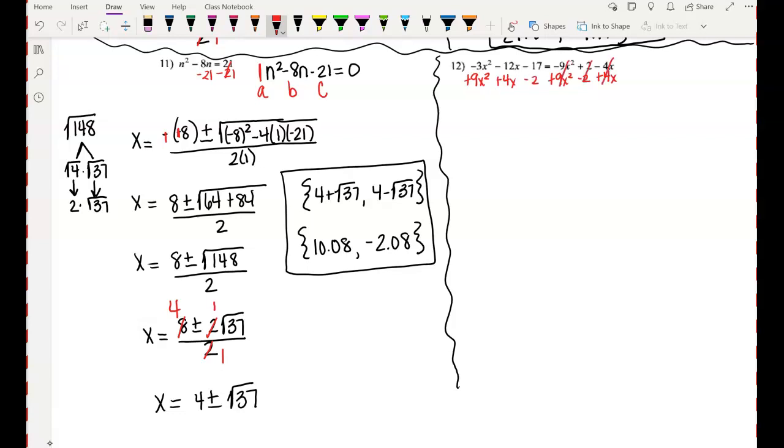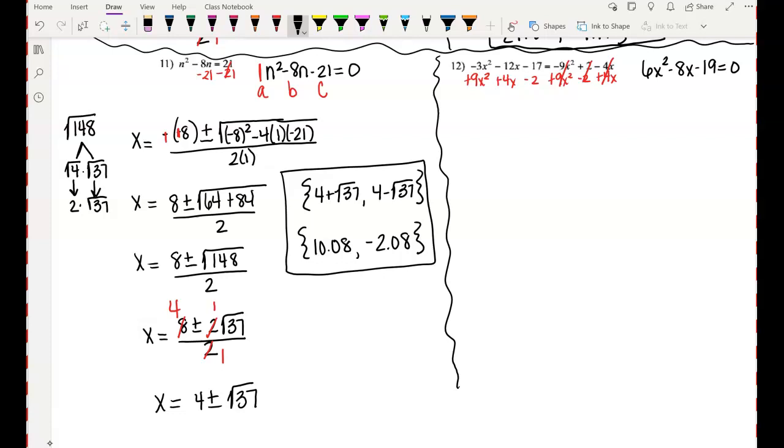That cancels out everything on the right-hand side of that equation. So negative 3x squared plus 9x squared gets me 6x squared. Negative 12x plus 4x is negative 8x. Negative 17 minus 2 is minus 19 equals 0.